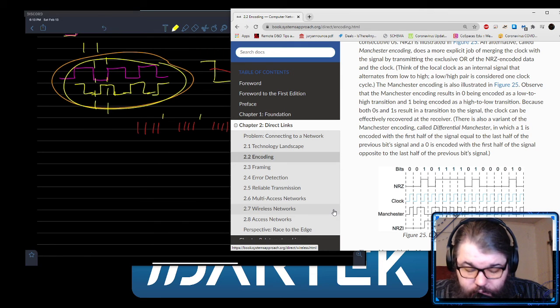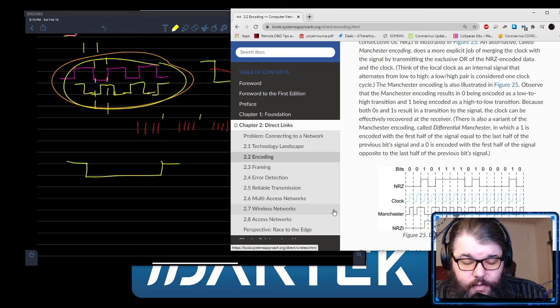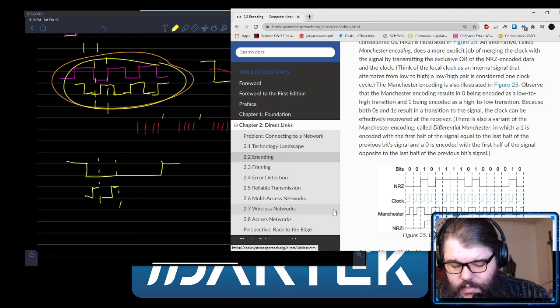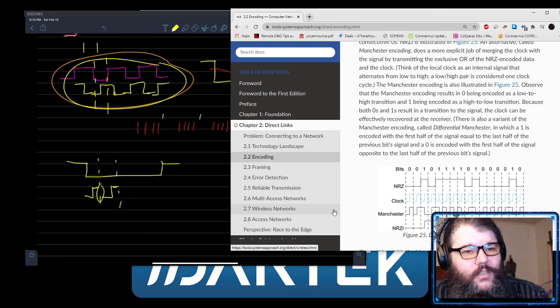Now, if you have a string of zeros like this, since zeros are low to high transitions, each of these zeros that you're trying to transmit has to be a low to high transition, right? And so what you get is this forced situation where you see this low to high transition.